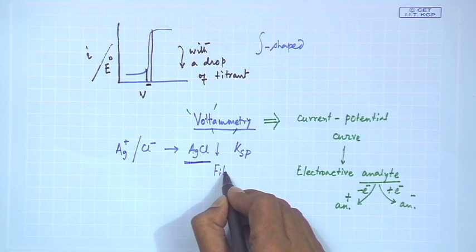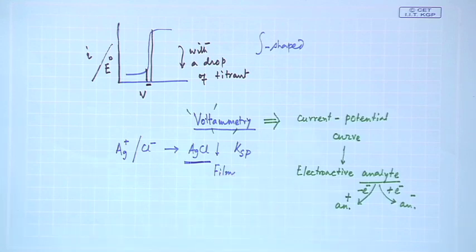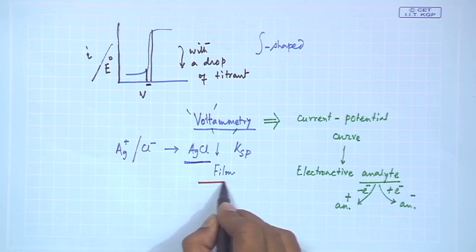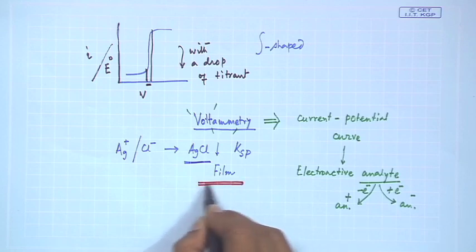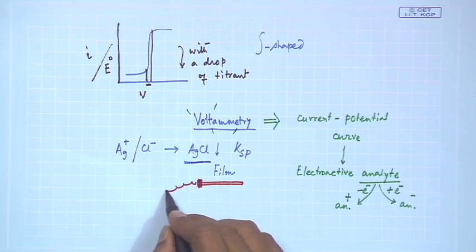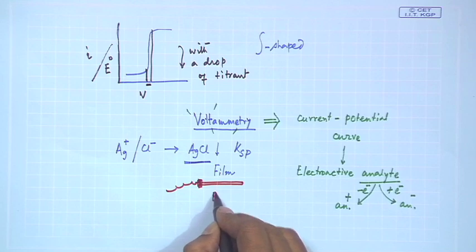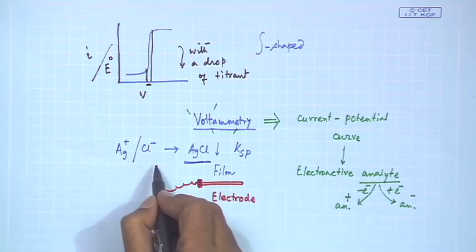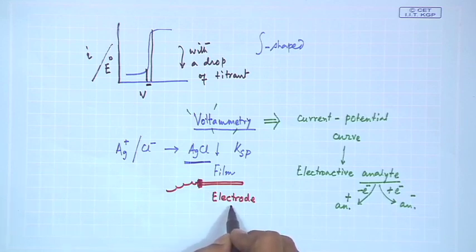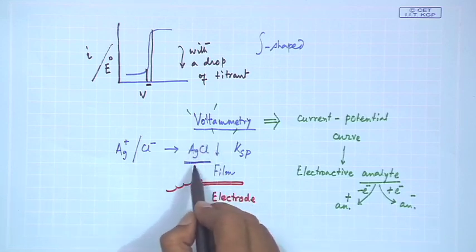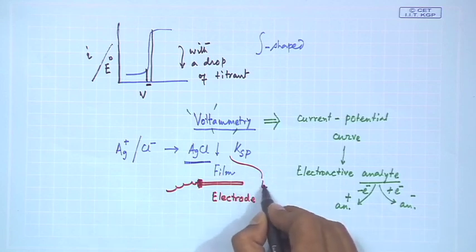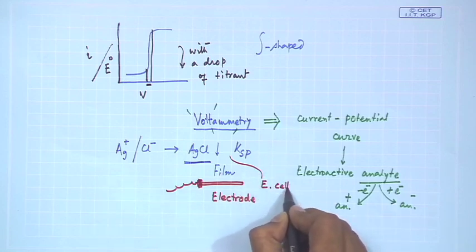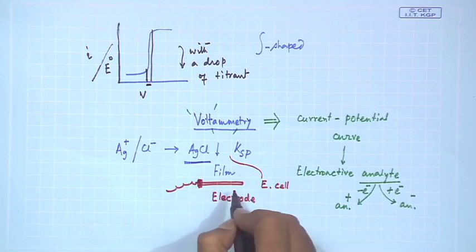When it initially forms at a very low concentration, it can form a film-like material. We are talking about electron transfer on the electrode, and about some solution in the electrochemical cell, surrounded by this particular electrode.